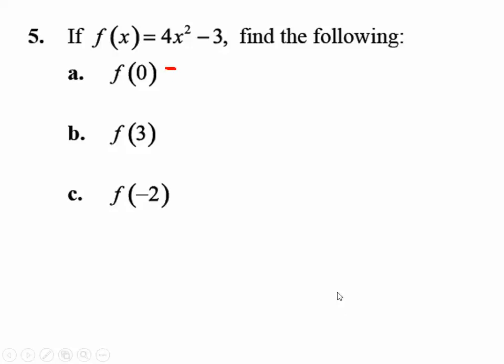Should be a little bit easy because you just plug in the formula. So 0 into that gives you 0 squared times 4 minus 3, still just the negative 3.